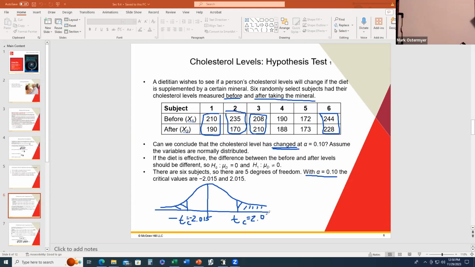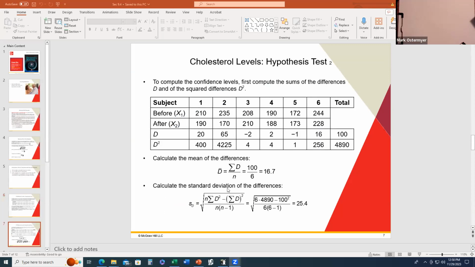All right, now the only thing that's lacking here is the test statistic. And so now we're going to show ourselves how to compute the test statistic in order to make a decision on these hypotheses here. Okay.